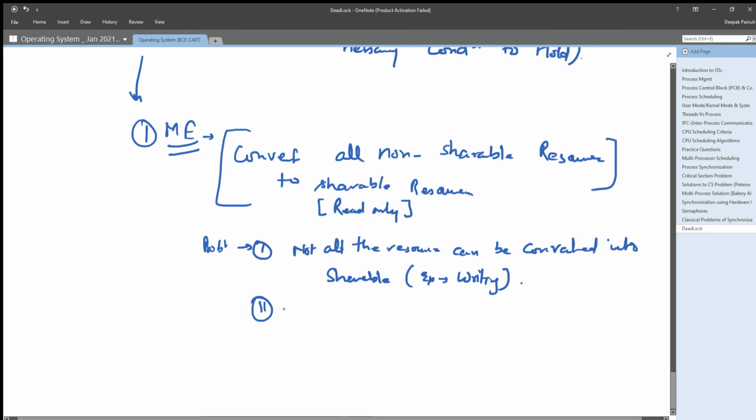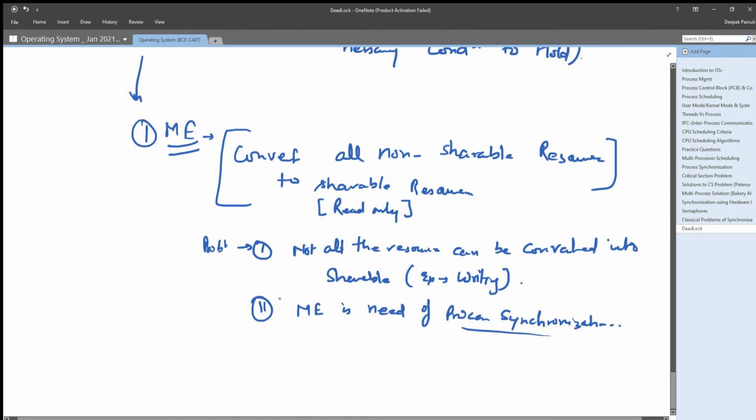The second problem is that mutual exclusion is a need of process synchronization, right? As we already studied in the process synchronization topic, mutual exclusion is the first necessary condition of process synchronization.